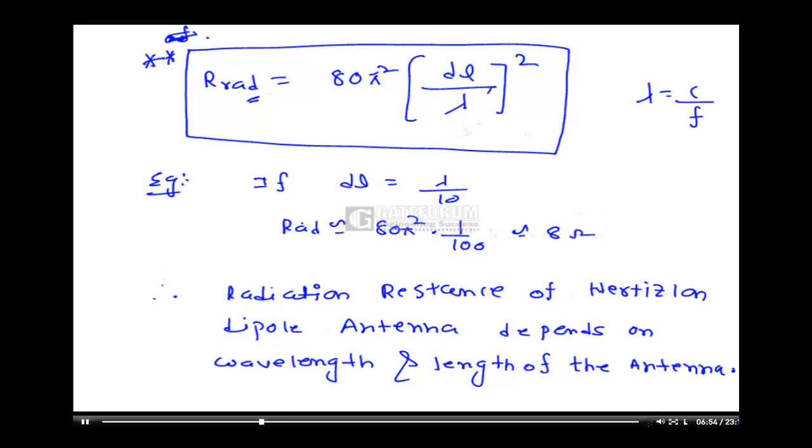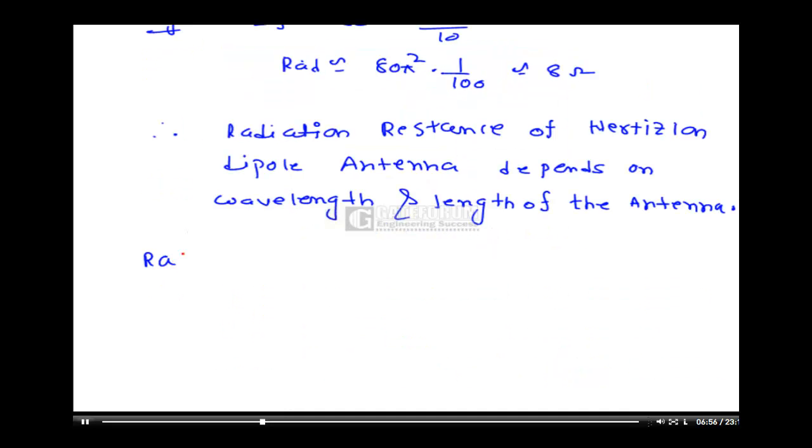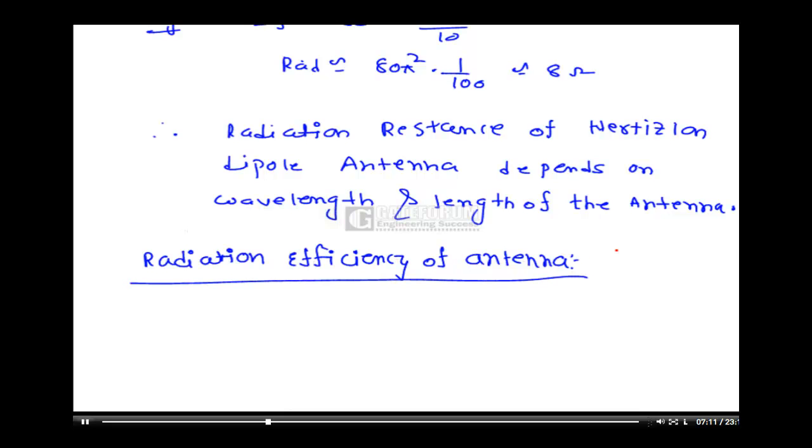The next property is radiation efficiency of the antenna. It is given by eta R. The definition is eta R equal to power radiated by power input.